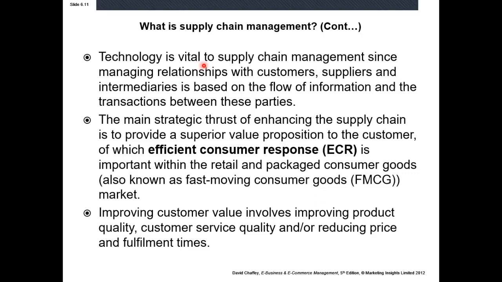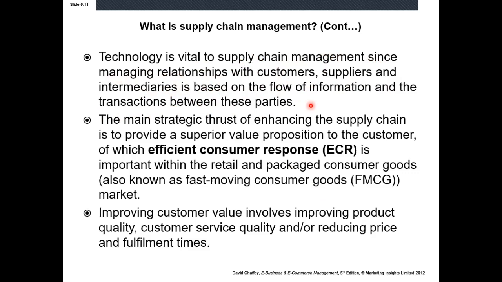Technology is vital to supply chain management, since managing relationships with customers, suppliers and intermediaries is based on the flow of information and the transactions between these parties.